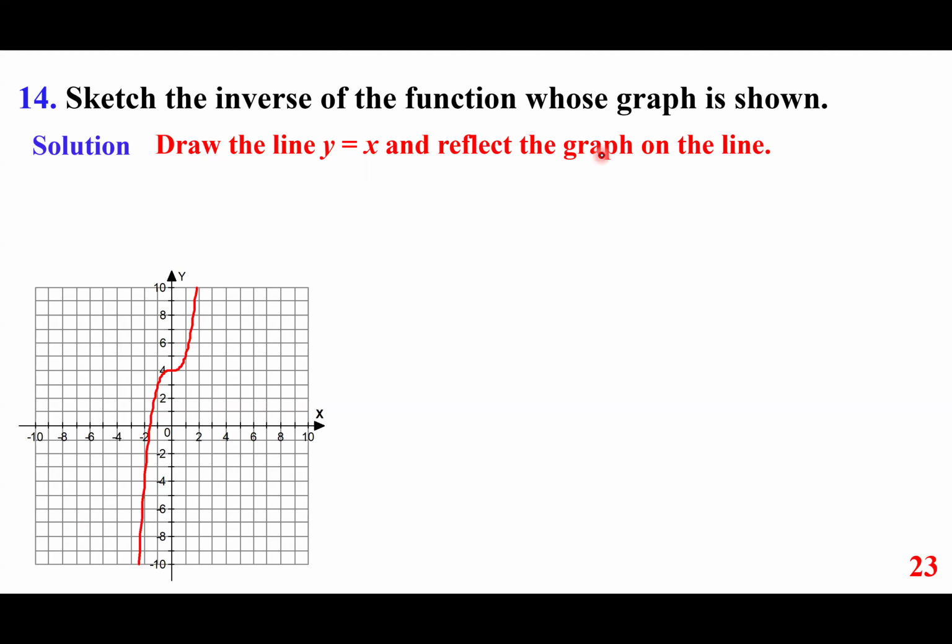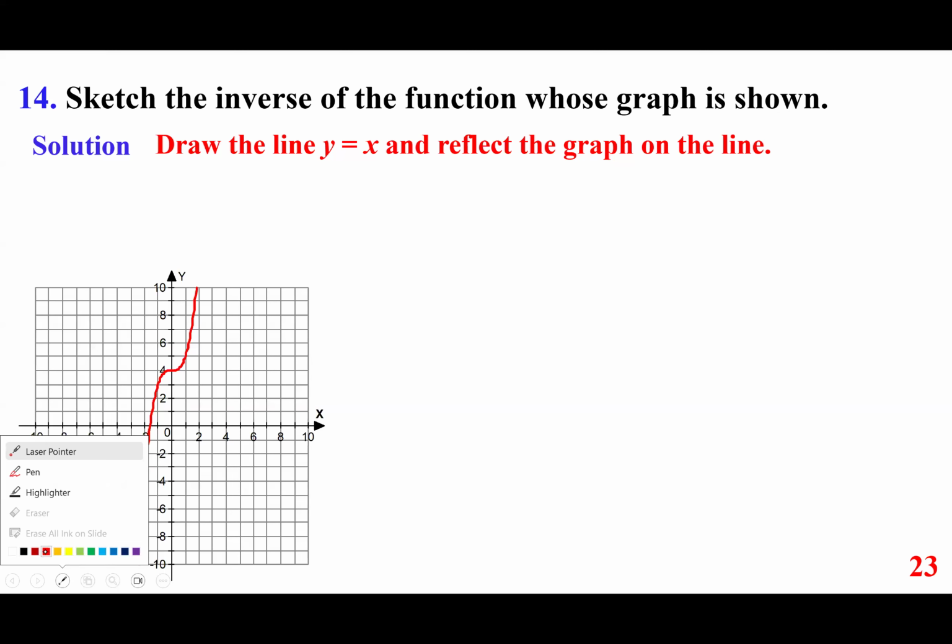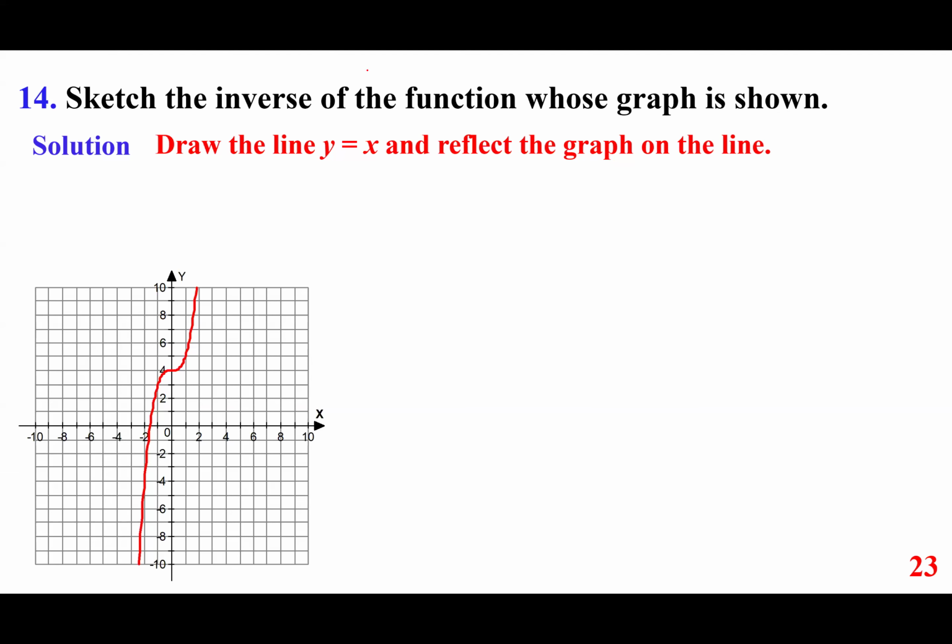Pick up easy pairs, everybody. In short, when a comma b belongs to f, that means b comma a belongs to f inverse, right? So pick easy points. For example, you draw this y equals x.